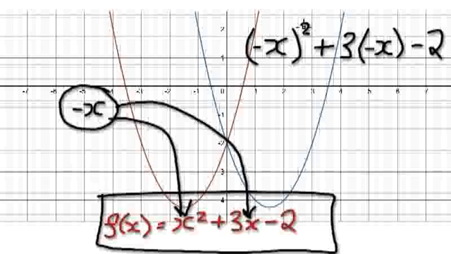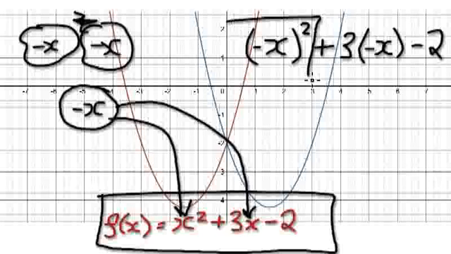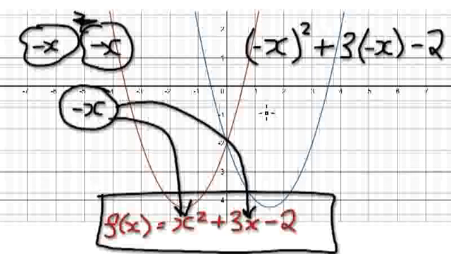Okay, so now what you've got here is really negative x squared. So that's like negative x times negative x. So that's positive x squared. This whole thing here is positive x squared. Okay, so positive x squared, and this one here, 3 times x, that will be 3x.